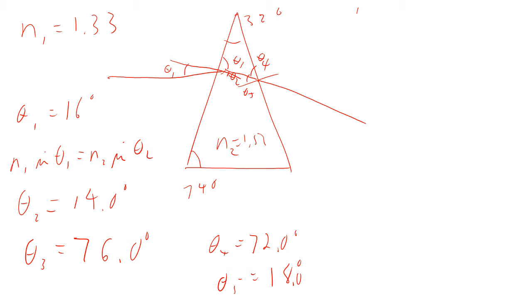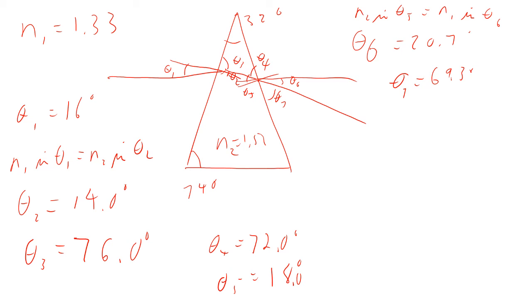Okay, so n2 sine theta 5 equals n1 sine theta 6. So theta 6 now comes out to be 20.7 degrees. So that's theta 6. So theta 7 here is now 69.3 degrees.